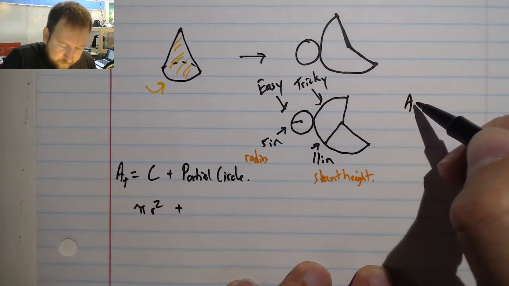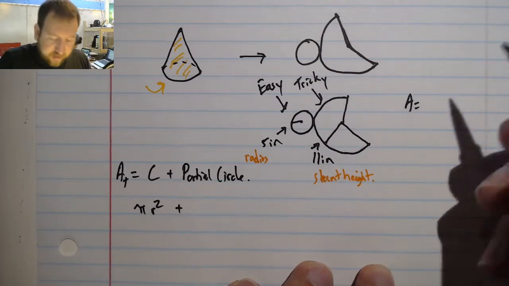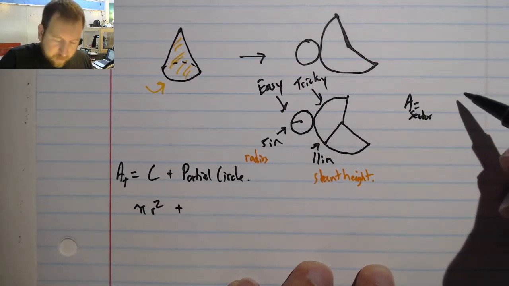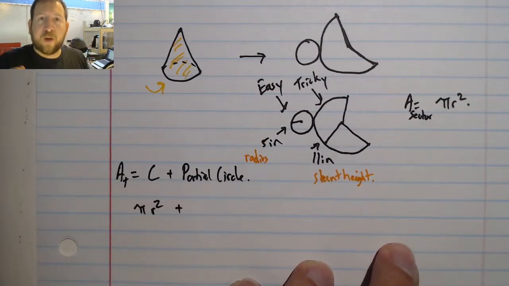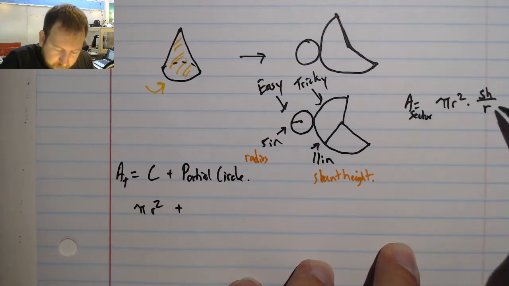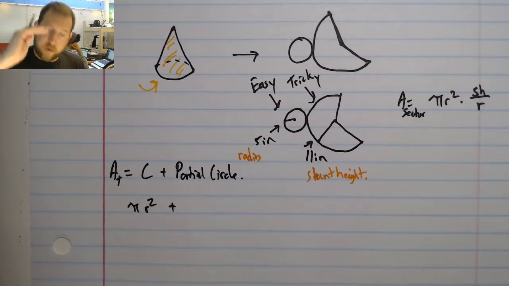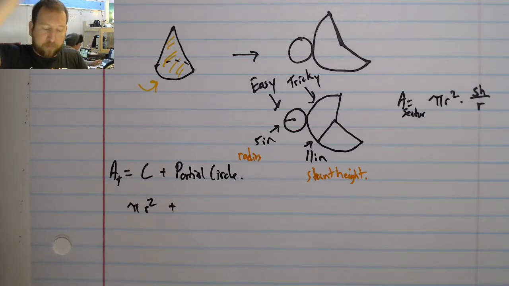The area of our partial circle, or in this case I can call it a sector, is going to be pi r squared times the ratio of the slant height to the radius. And this is going to tell us how tall the cone is, because with a smaller ratio, the cone would be very short, and with a taller ratio, it would be very big. And that will tell us how much area is in that space.